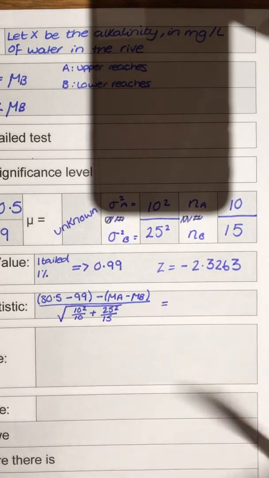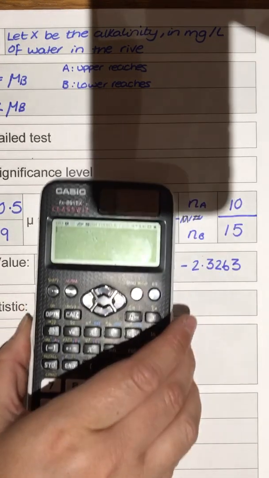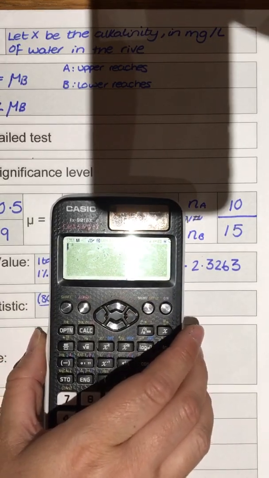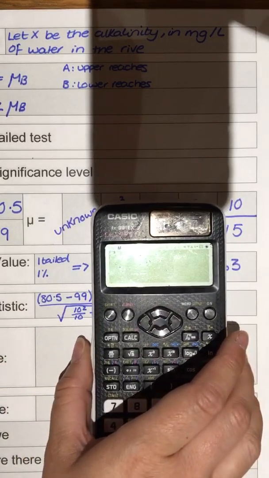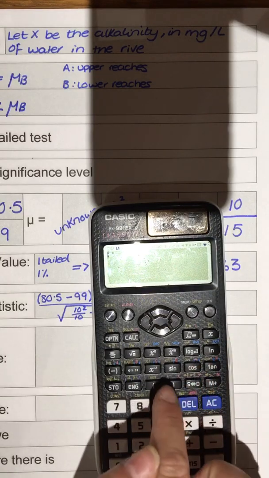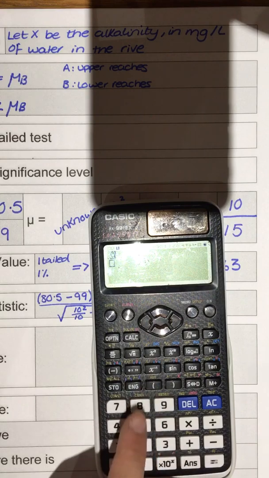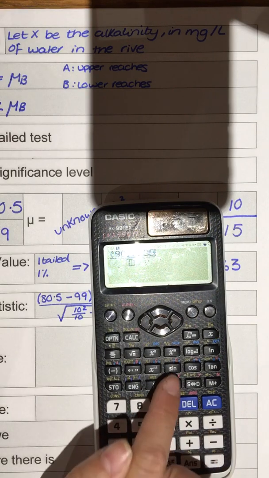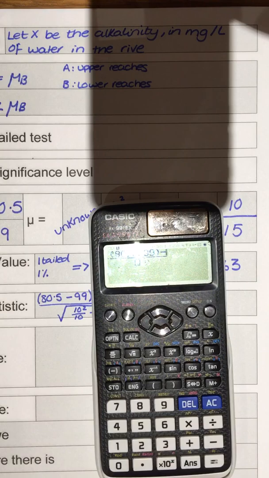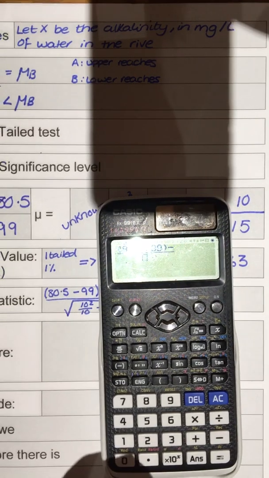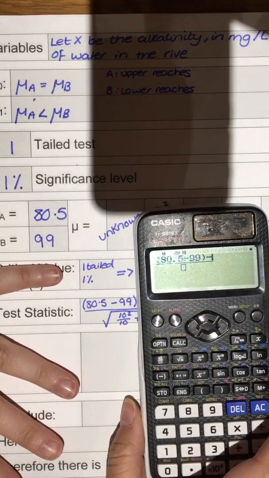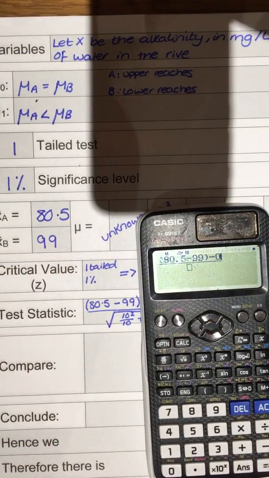Now please watch how I put this on my calculator, because this is where some of you are slipping up. I press my fraction button. I type in the top of my fraction 80.5 minus 99, take away. Now if H0 is true and mu A and mu B are equal to one another, then mu A take away mu B is 0.